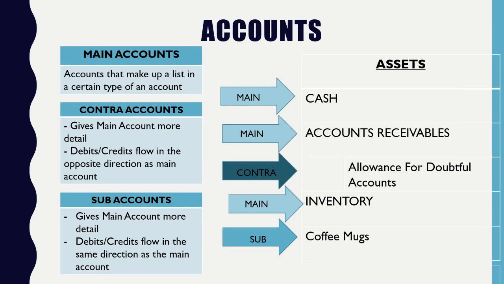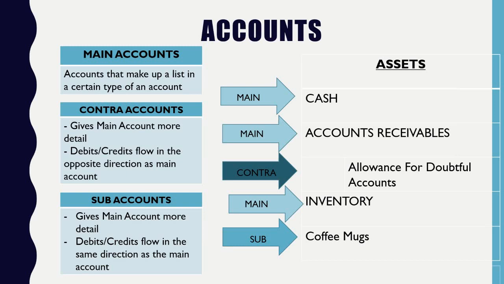A great example here, we have cash, accounts receivable, inventory. Those are main accounts, but in this case, they're very broad, especially inventory. What does inventory tell me specifically? Well, it tells me that I have inventory, but does it tell me what specific items I have under inventory? And that's where you can create your sub account.